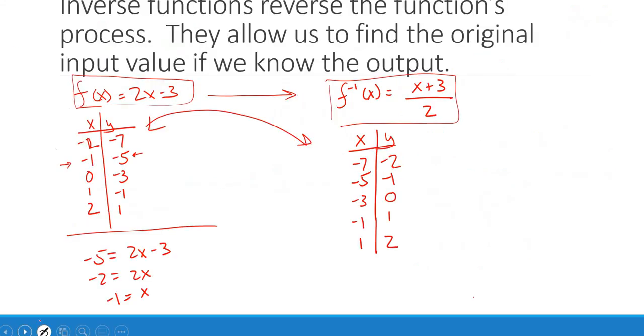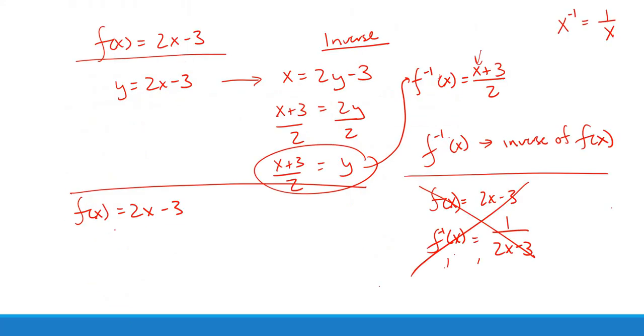Remember on our last screen, if I put -2 into this function and got -7, if I plug -7 into the inverse, I'm back to -2. I've undone the operations. So I can find an inverse function by undoing the operations. If we look at this function, the first thing that happens to x is that x is multiplied by 2, and then the second thing is that we subtract 3.